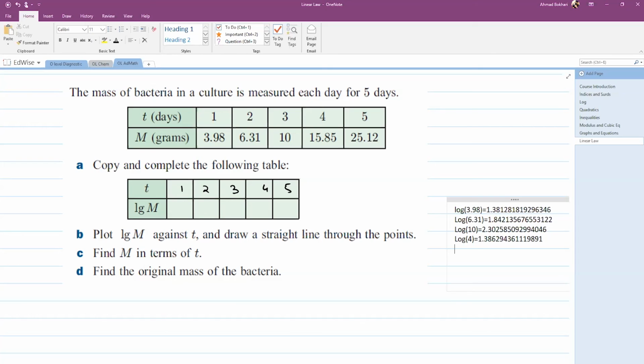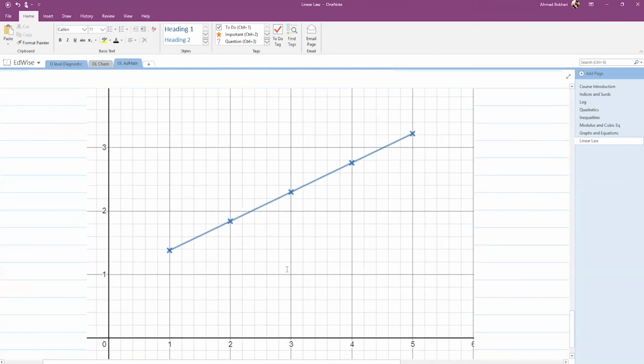You will, because I'm using ln. I'm not using lg because I don't have lg here. Okay. But my answer won't really differ as much. So I'm going to use these values. So I'm going to plug this in. I'm changing this to ln. Okay. So we have a graph here.